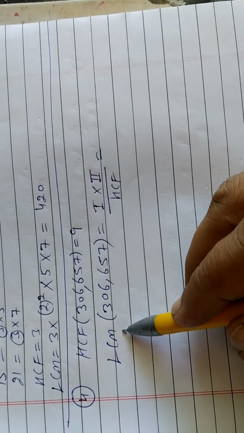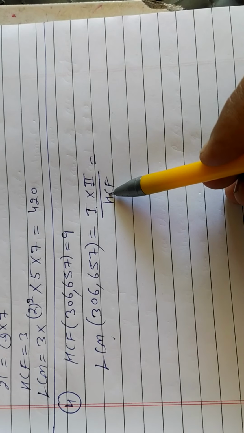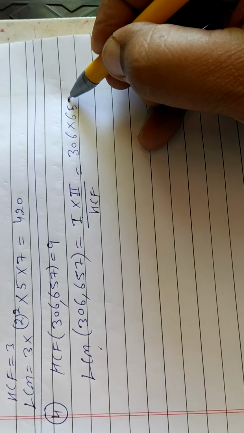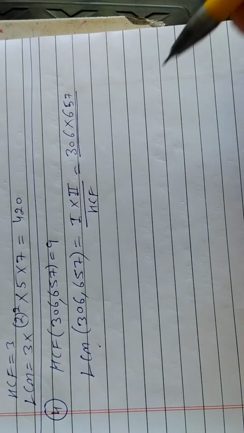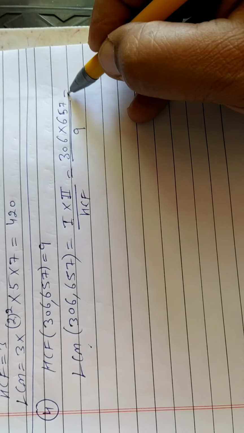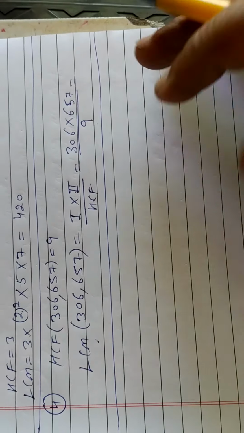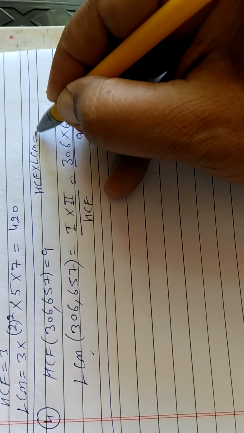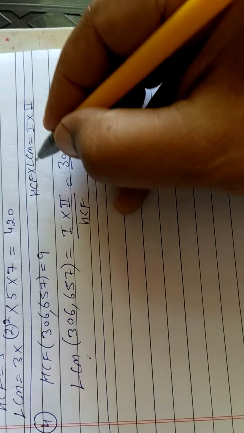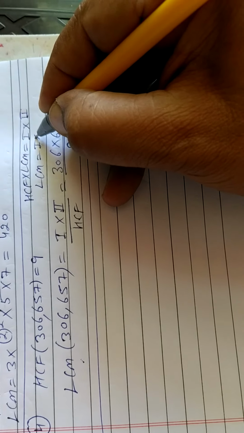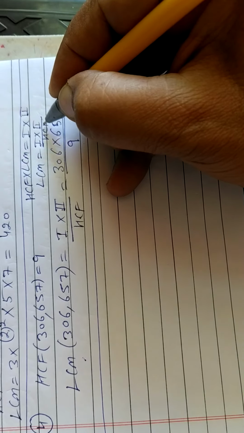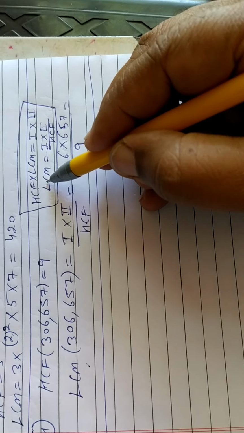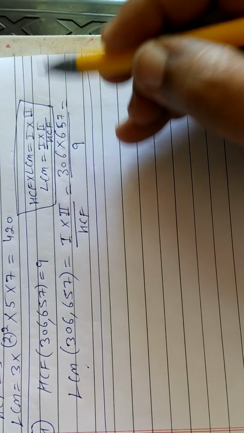The numbers are given, so write the product over the HCF of 9 and cancel out, then you will get the LCM. What is the formula? HCF into LCM is equal to the product of numbers, then LCM is equal to the product of numbers upon HCF. Similarly, the HCF is equal to the product of numbers upon LCM.